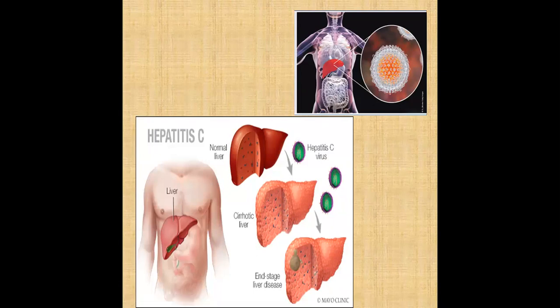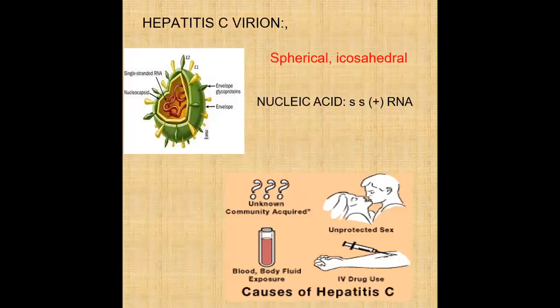Now we see the structure of the hepatitis virus that affects our liver. This hepatitis virus is somewhat spherical, with an icosahedral shape. In this one, a single strand of DNA is present.